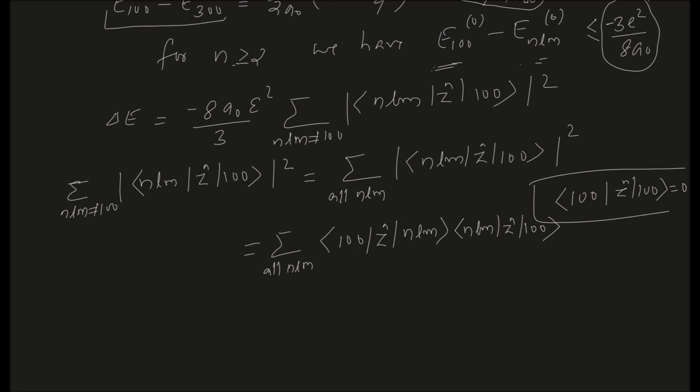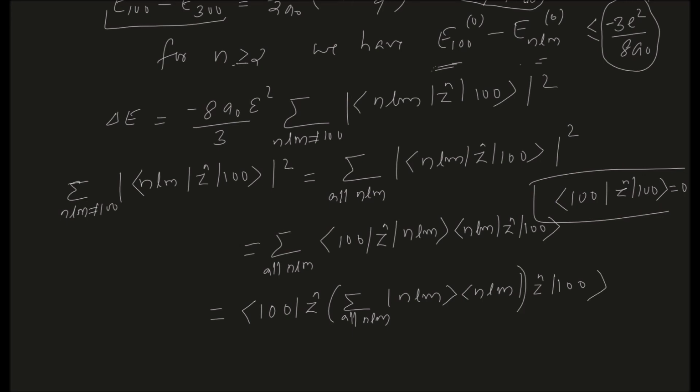One is the complex conjugate of the other one. So this is equal to ⟨100|z. Now we take this summation inside this part. So we can write it as sigma over NLM, |NLM⟩⟨NLM|, z|100⟩.